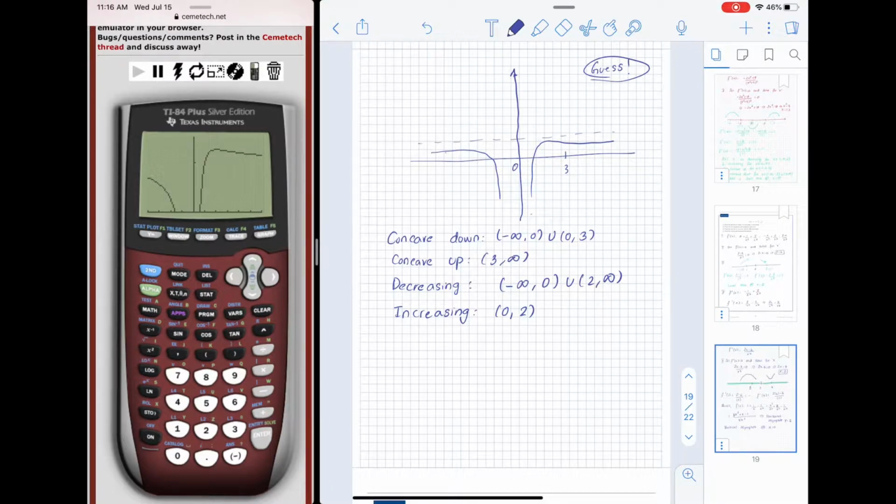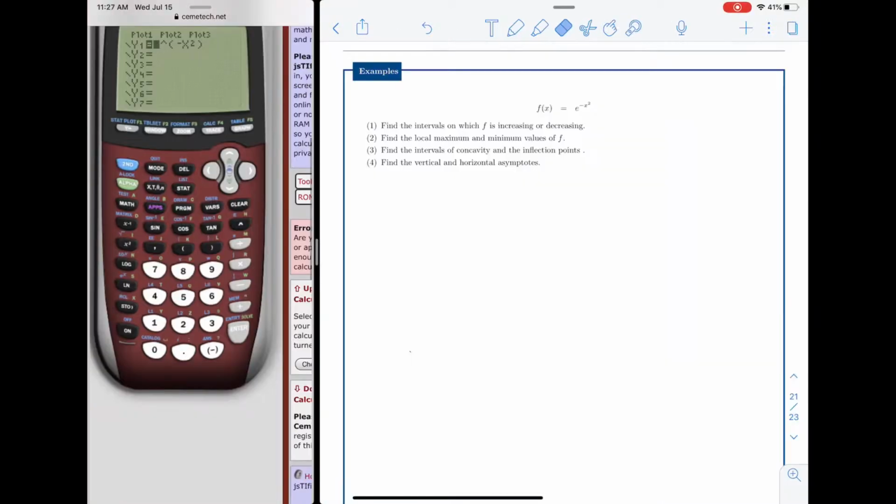So you have to be careful anytime we have an asymptote. So it went up and goes like that. So it's no longer a guess.